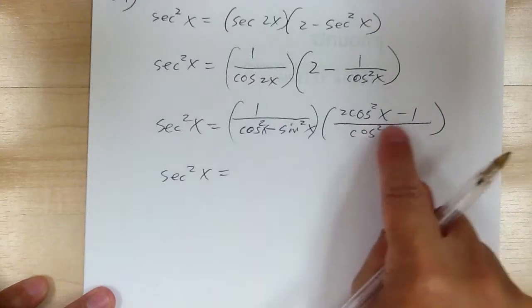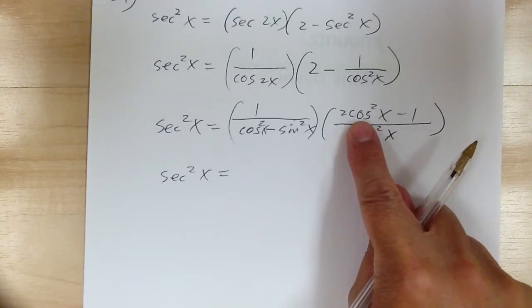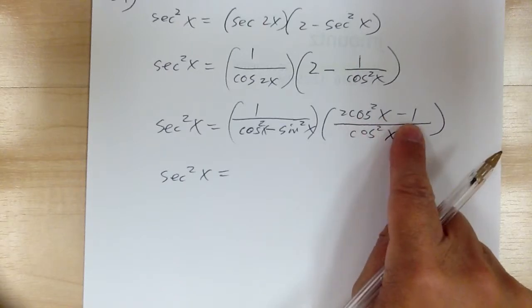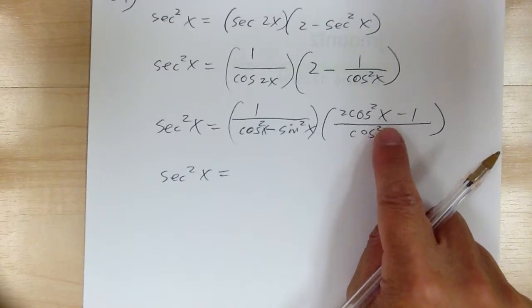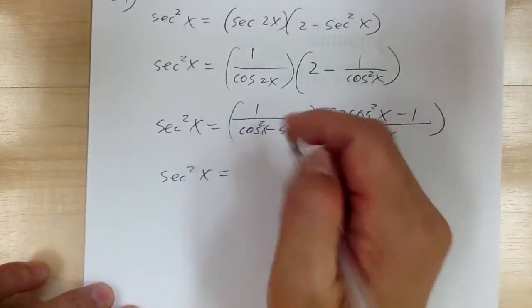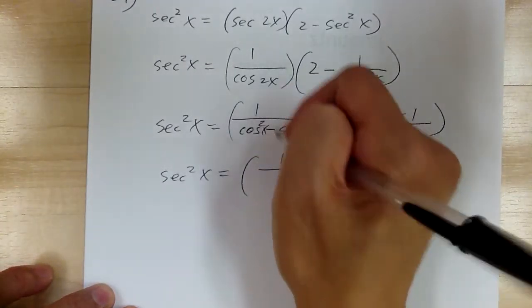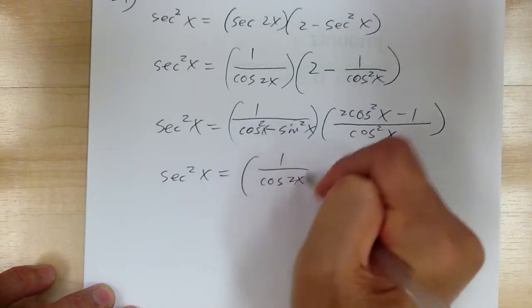Well, actually, if you notice 2 cosine squared x minus 1, this is equal to cosine of 2x. So actually you probably don't even want to do that. Let's go and change this back, because this is quite easy.